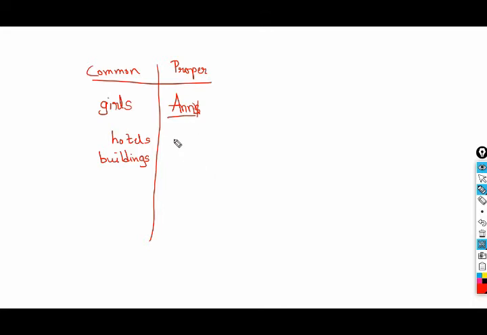For example, let us say I have a hotel and I have named it as Kamath Hotel. Kamath Hotel is the name of the hotel. So in this case, even hotel should start with H capital. But most of the students, instead of writing H capital, they write Kamath starting with K capital, but then hotel they will write in small letters. This is incorrect.